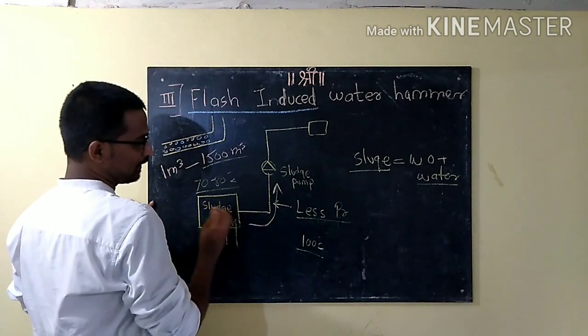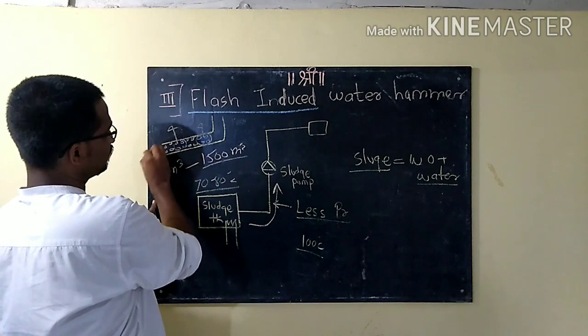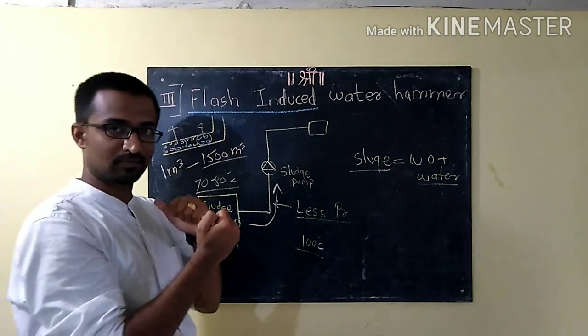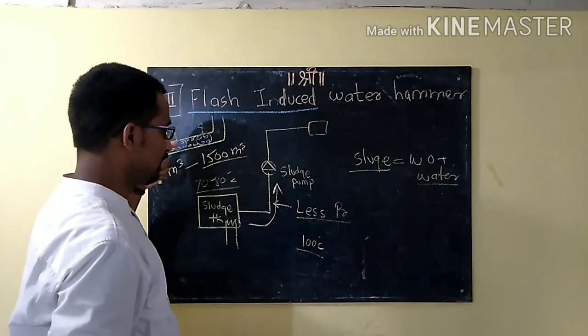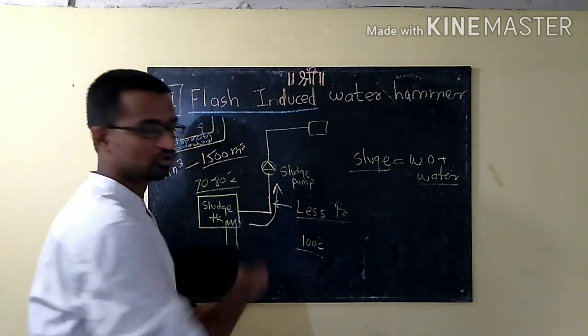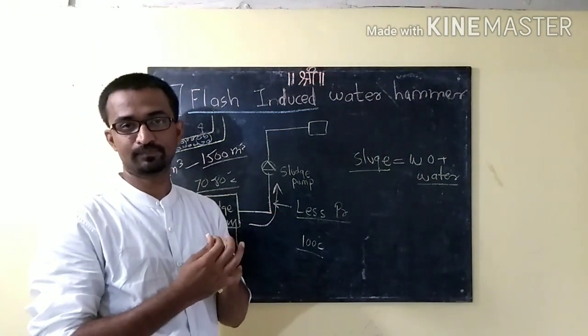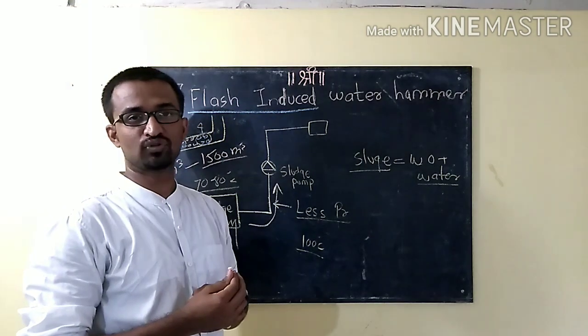So in this push, this water will get converted into steam, all of the water will be converted into steam. It will push the whole sludge, steam and the remaining water to the suction side, and where there is a bend or a joint, it will hammer over there.